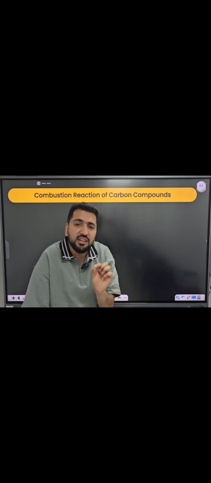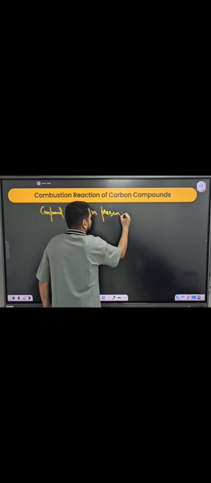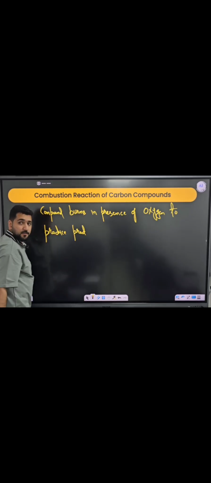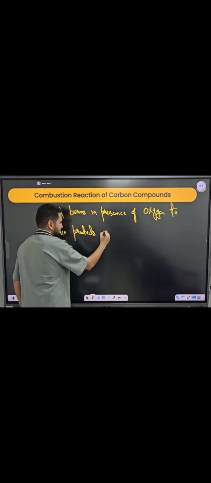Combustion reaction is the type of reaction in which the compound reacts with or burns in the presence of oxygen to produce products along with heat and light energy.